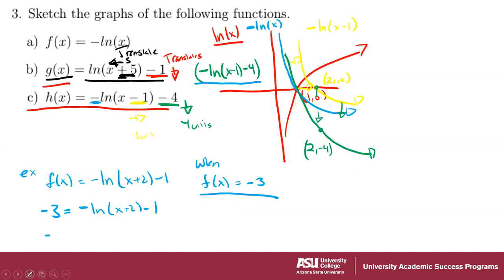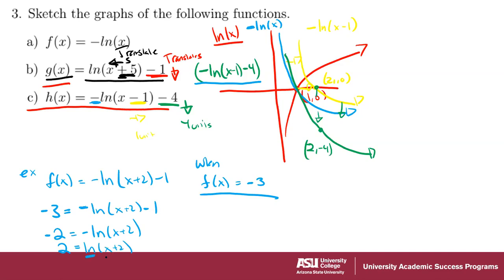And then we can bring down what's left. Then to isolate the x, you want to get rid of any coefficients with the logarithm. We can say that 2 equals natural log of x plus 2.